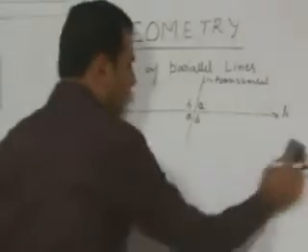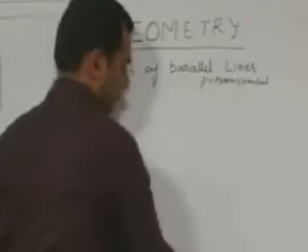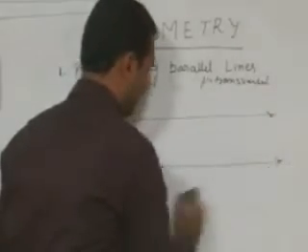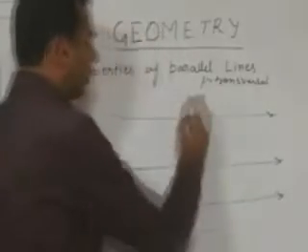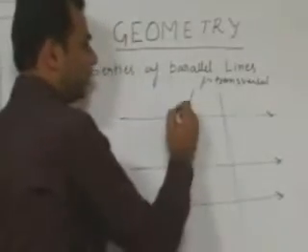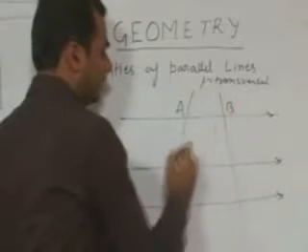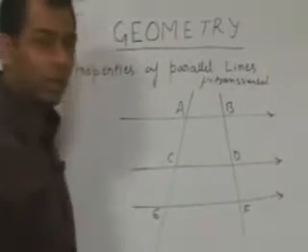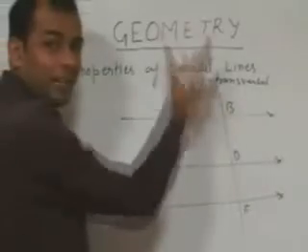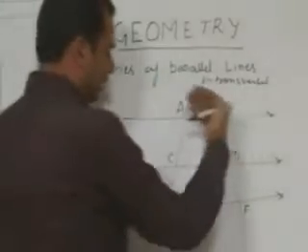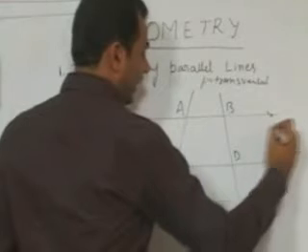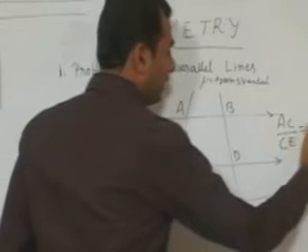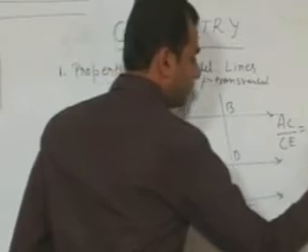Now if there are more than two lines, let's say this is one line, this is another line and this is another line. And if I draw two transversals, let's say the points are A, B, C, D, E and F. If there are three or more parallel lines and I draw two transversals, then AC by CE is equal to BD by DF.